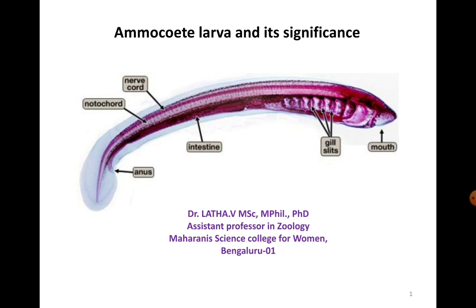Nest means a shallow rounded depression or a pit. When a female attaches to a stone in the nest, the male winds his tail around the female and then the eggs and sperms are discharged into that pit.